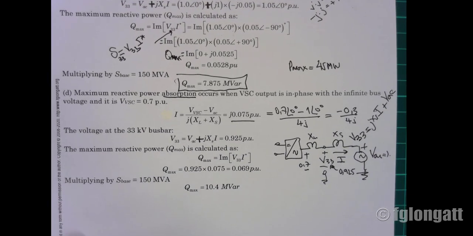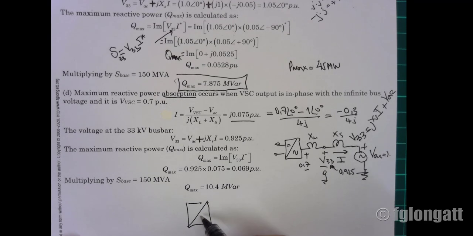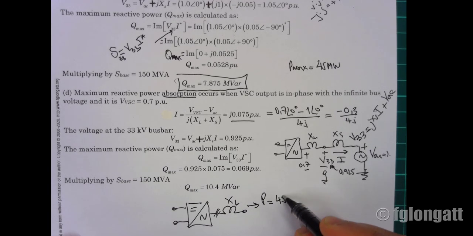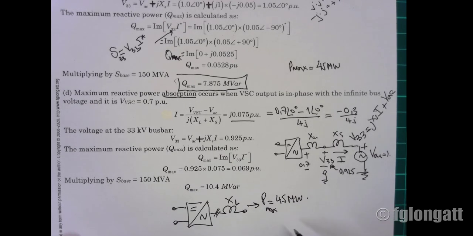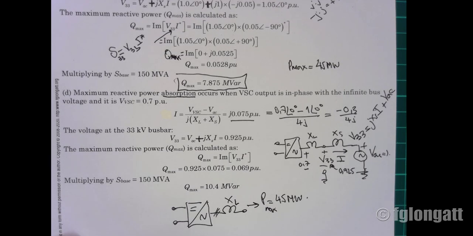What is the conclusion over here? The conclusion is that this beautiful converter that we have been using, with the DC side and the three-phase side and the coupling reactor, is able to deliver a maximum power of 45 megawatts, and at the same time it is able to deliver a maximum injection of reactive power of 7.875 when this is 1.2 per unit, and it can absorb 10.4 MVar when this is 0.7.